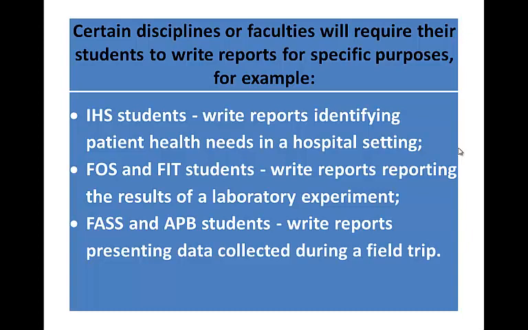Okay, now I want to look at the main sections of a report, something which I started in my first lecture and which I want to do in a bit more detail here. In my first lecture, I looked at the basic structure of formal and informal reports.